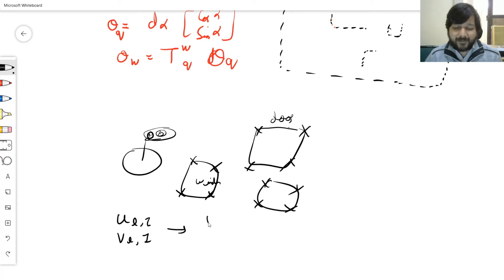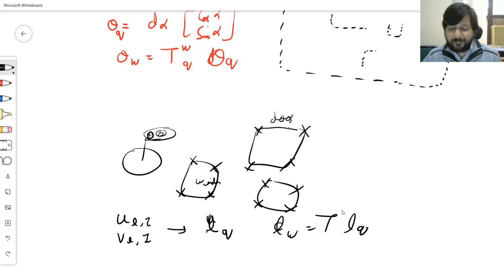Because I have a stereo, I can get the landmark in the robot's coordinate frame, and suppose I know my position, I can get the landmark in the world coordinate frame by a transformation, which is the pose of the robot. So that's what is mapping.